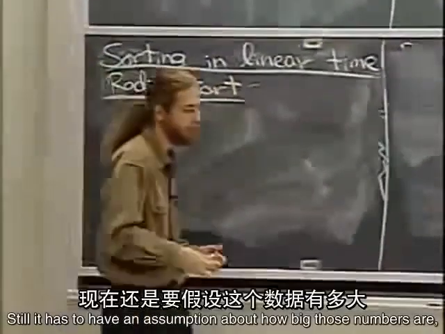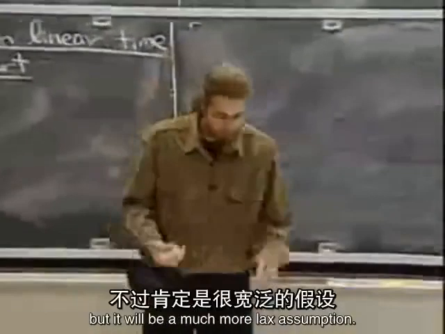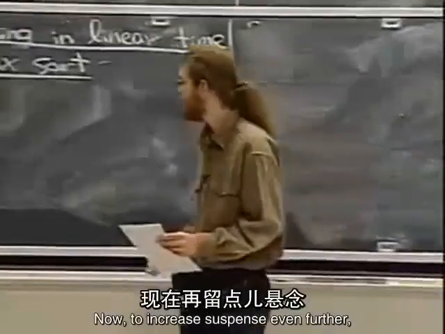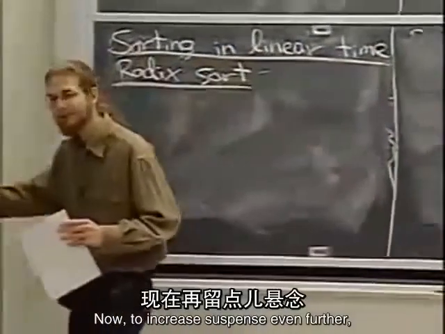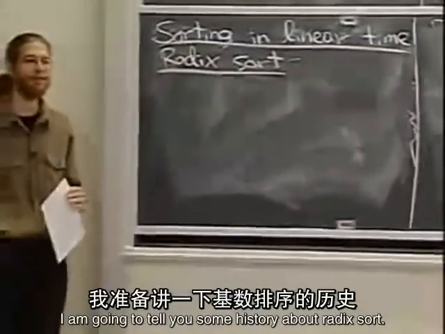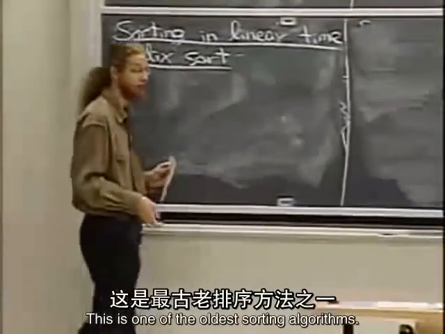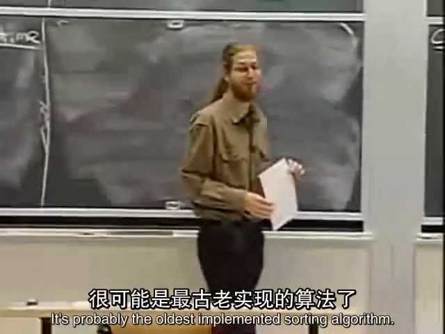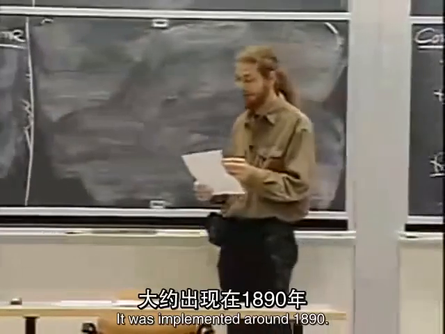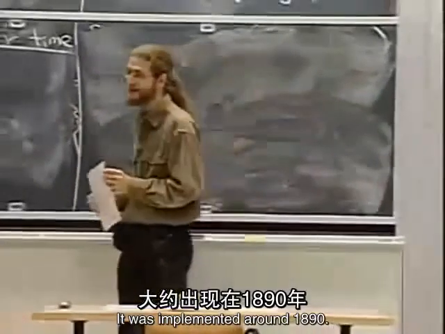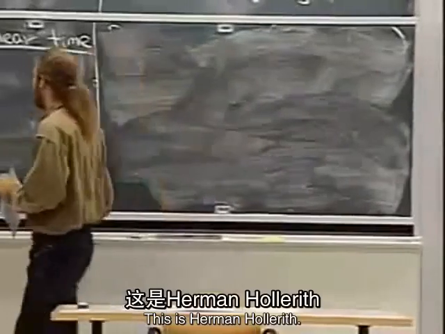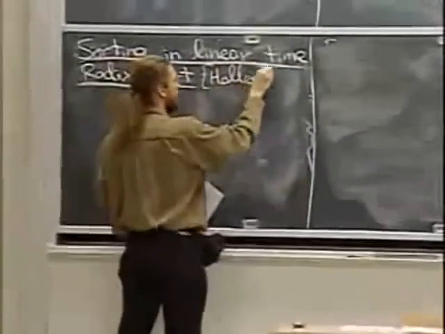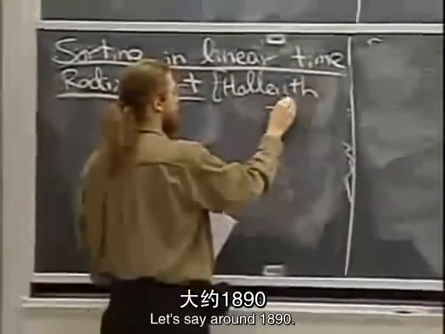Still, it has to have an assumption about how big those numbers are, but it will be a much more lax assumption. Now, to increase suspense even further, I'm going to tell you some history about radix sort. This is one of the oldest sorting algorithms. It's probably the oldest implemented sorting algorithm. It was implemented around 1890. So this is Herman Hollerith, around 1890.